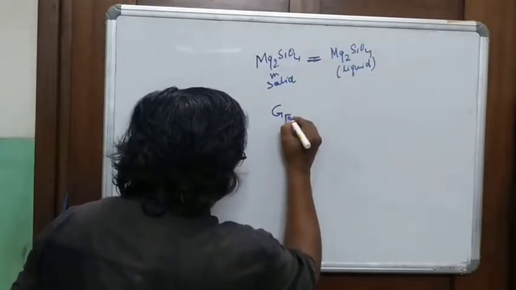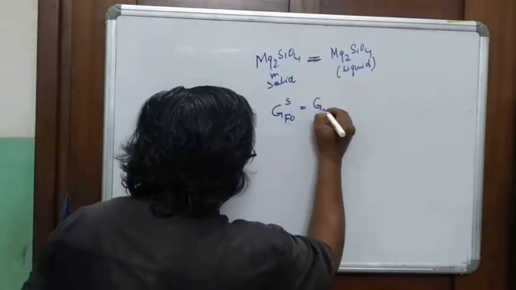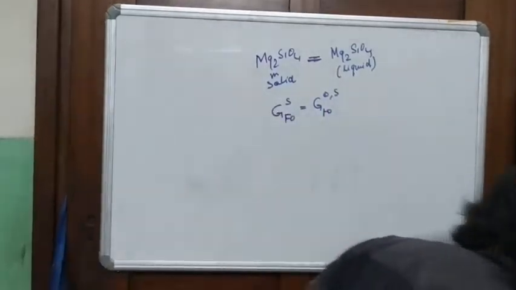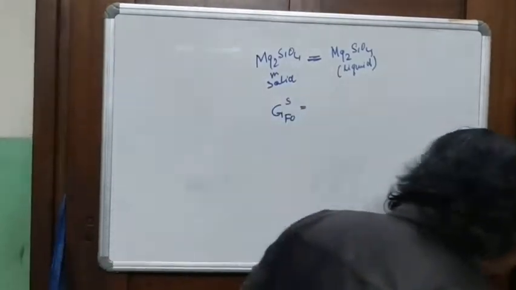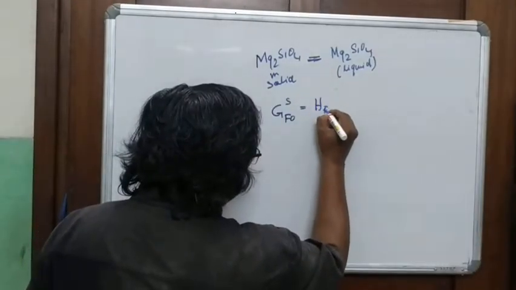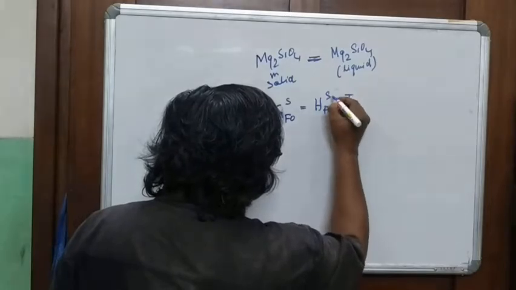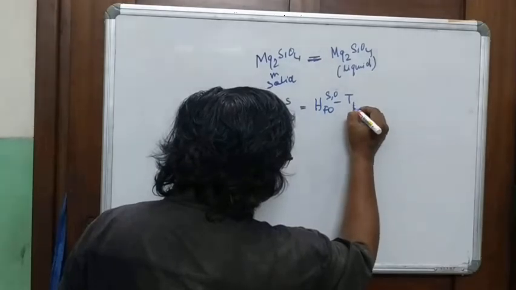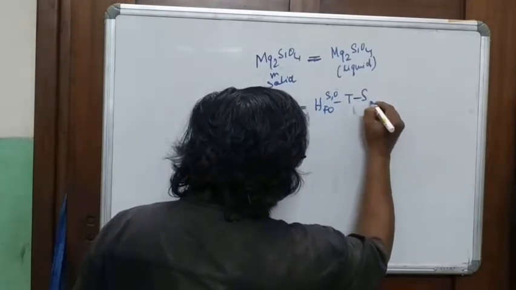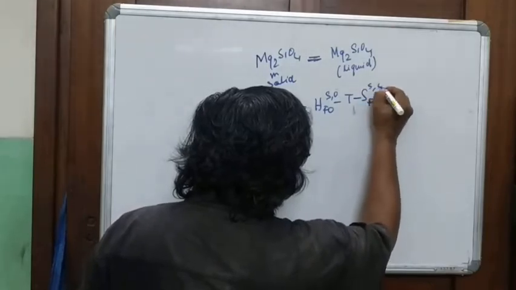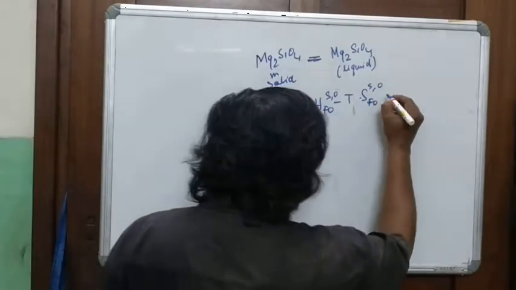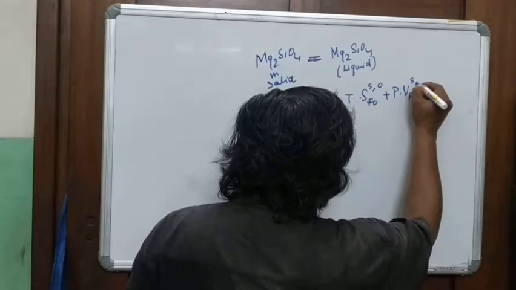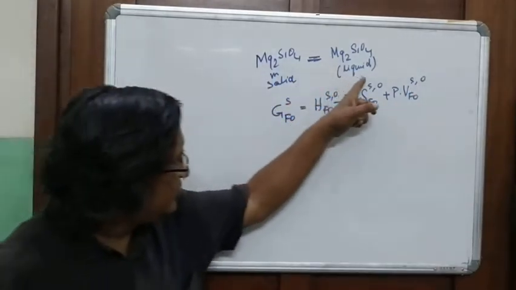G forsterite in solid is equal to G forsterite pure solid, since this is a pure phase.